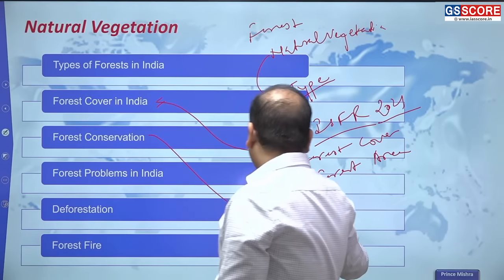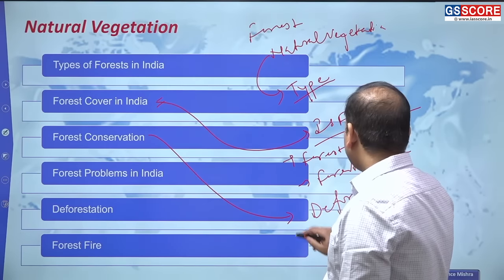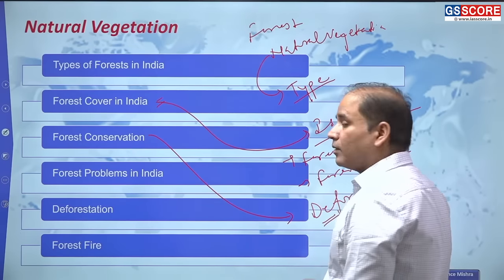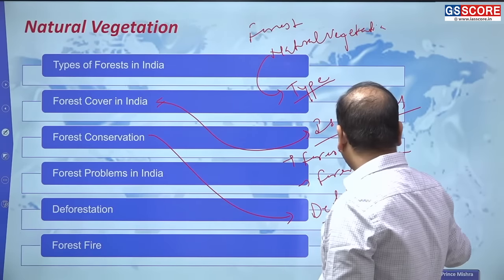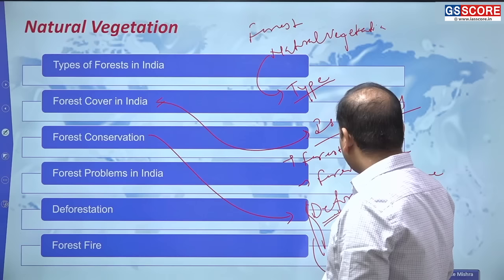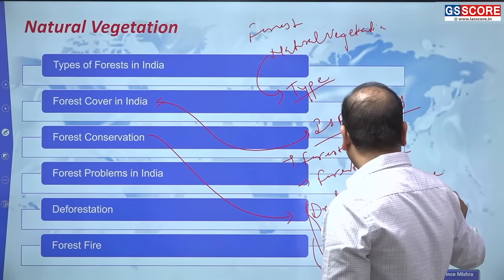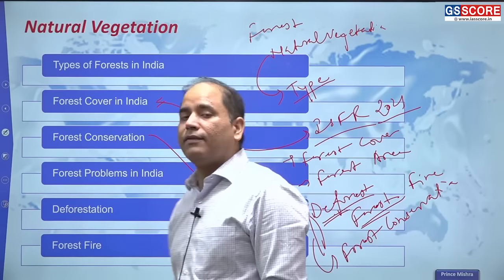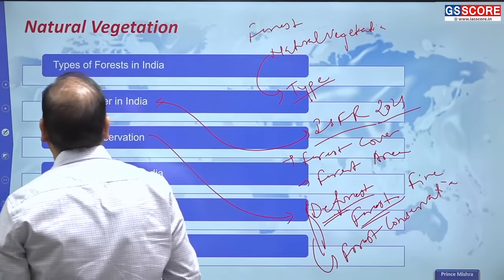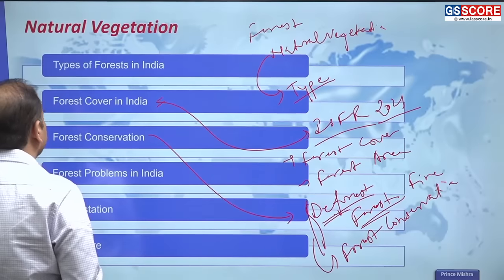Then problems of forest like deforestation and forest fire, and then the solution, that is forest conservation. What are the different methods of conservation? So all these you are supposed to study. Regularly questions are being asked from natural vegetation also.